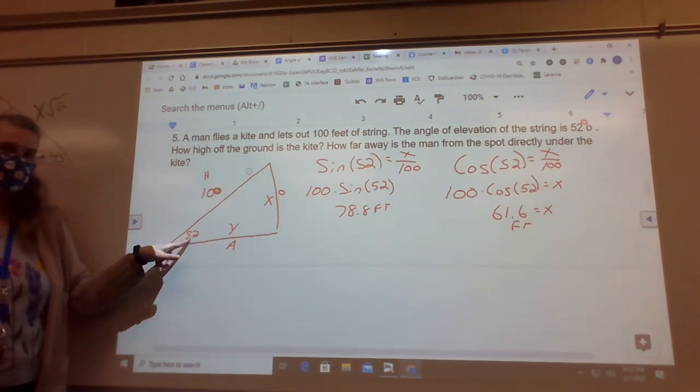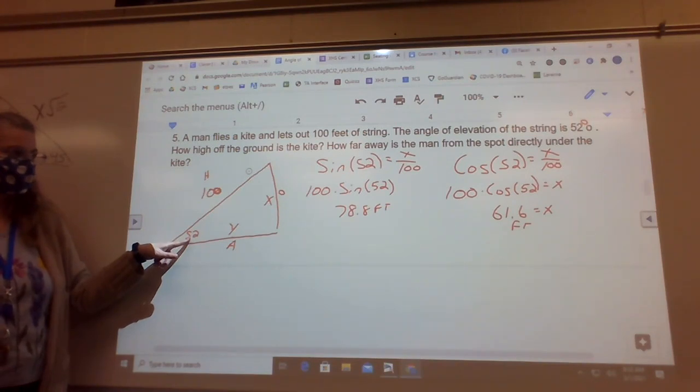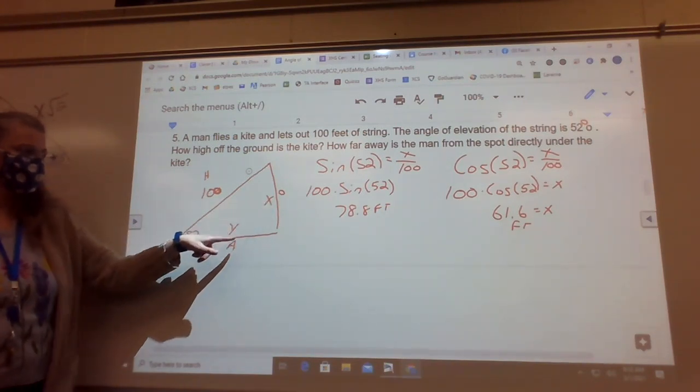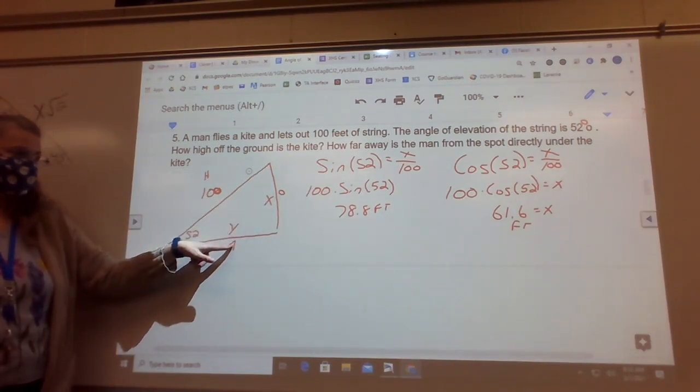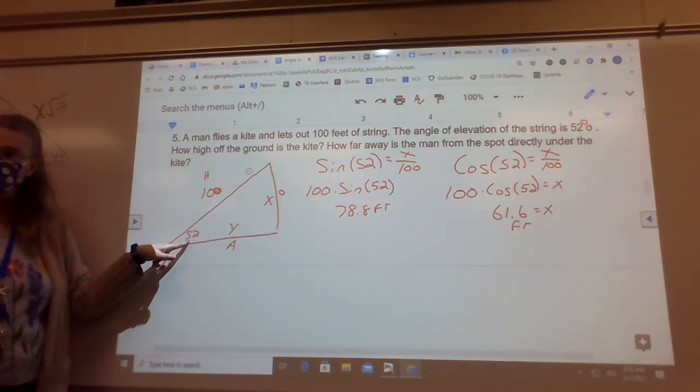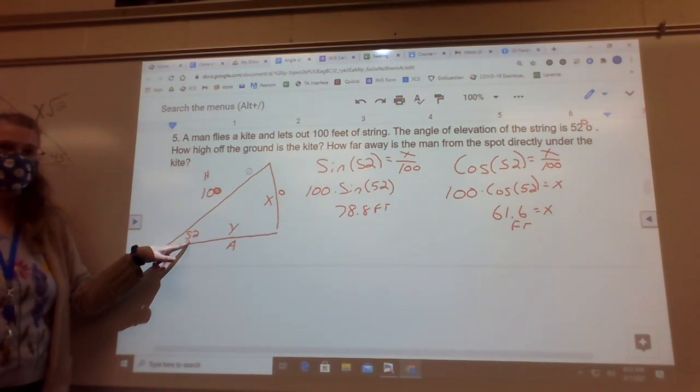Because I got a 52-degree angle here. This ended up bigger than this. So it'd have to be smaller. So what angle do you think would have ended up making them the same number? Do you have any thoughts?